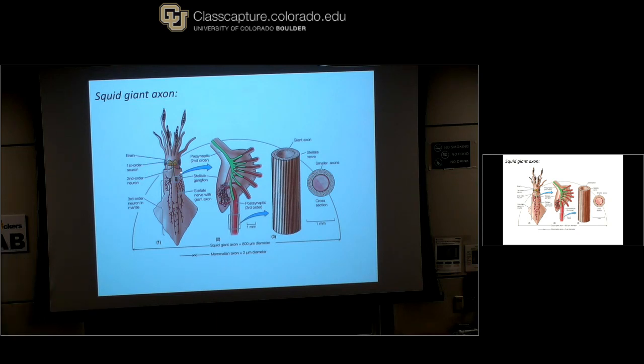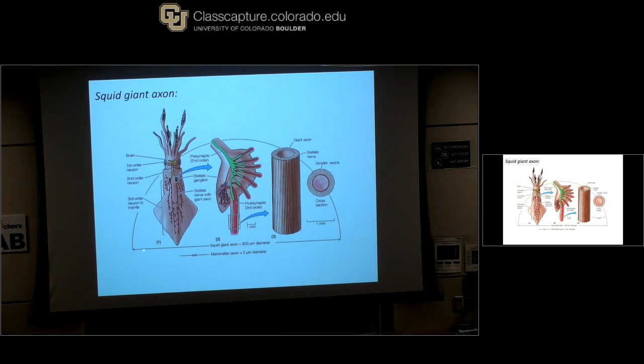So here is the stellate ganglion, and here is the nerve that's going to innervate the, I don't know, when you eat a squid, you eat this part chopped up. That's why it looks like little circles. And here is the giant axon. So the red thing, lots of them. And it's huge. Okay? And it's there to get rid of water. I think that's right, yeah.